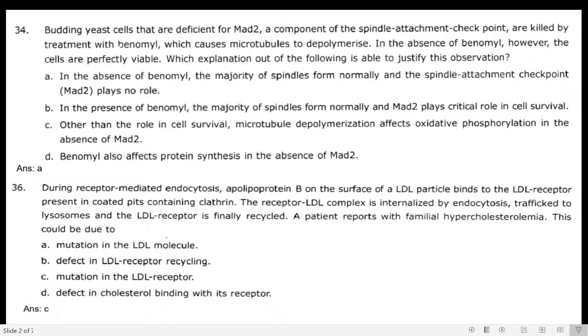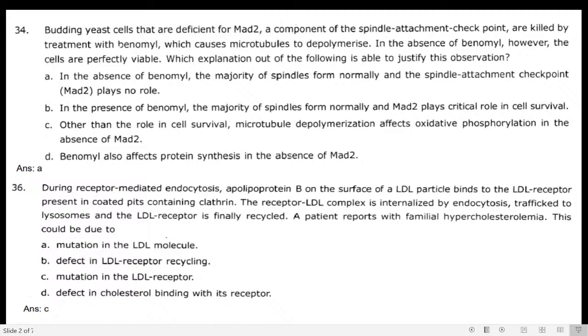In this process, apolipoprotein B, present on the surface of the LDL particle, binds to the LDL receptor present in the coated pit containing clathrin.